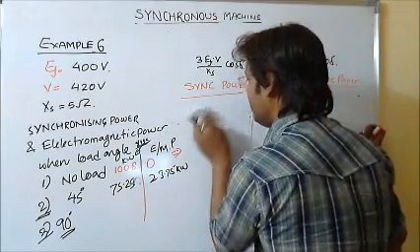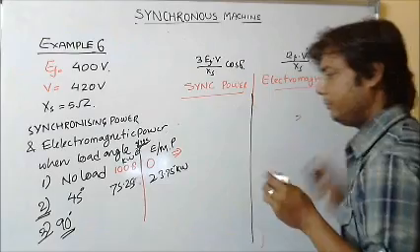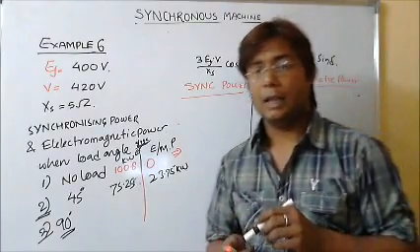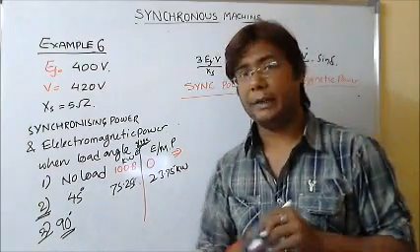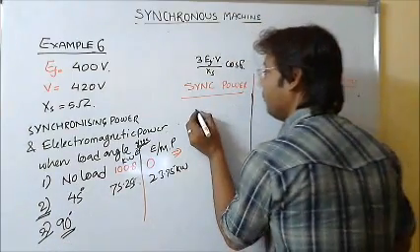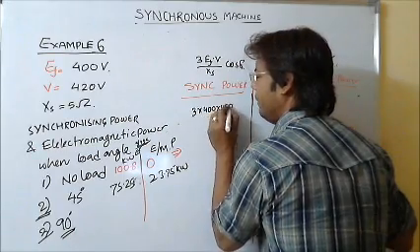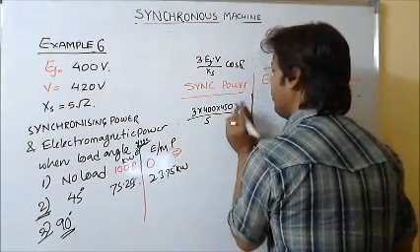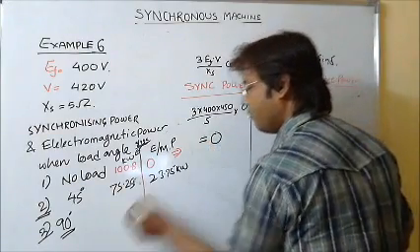So similarly, I can find the third case, the synchronizing power at 90 degrees. It's 3 into 400 into 420 divided by 5 into cos 90, which is 0, so I get 0 here.